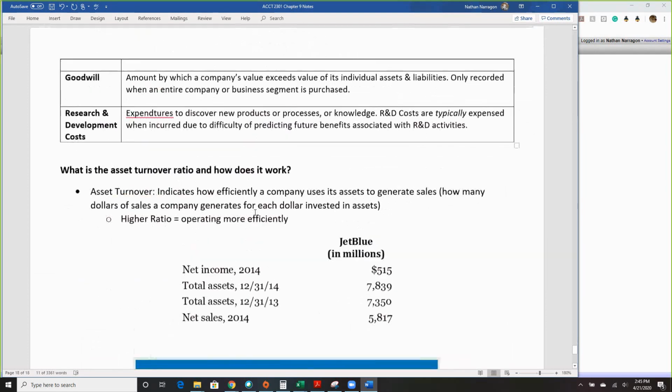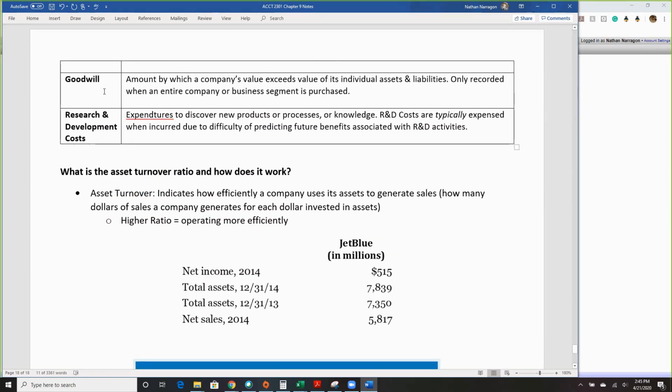Goodwill. Now, when we talk about Goodwill, we're not talking about the company. Don't get those confused. Goodwill in itself. This is something, if you ever take your intermediate accounting, you're going to end up having it probably, you're going to be going over it a lot. But when we look at Goodwill, this is when we go out and we buy another company, and the value of that company and its assets and liabilities, we buy it for more than that.